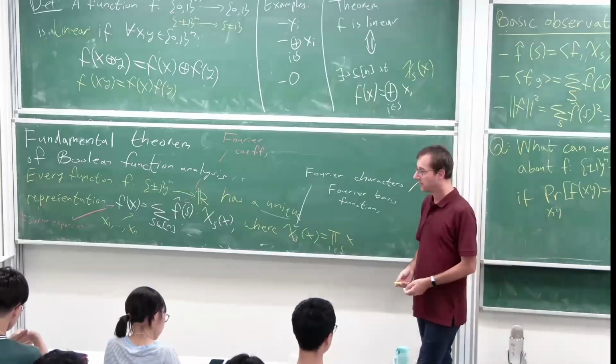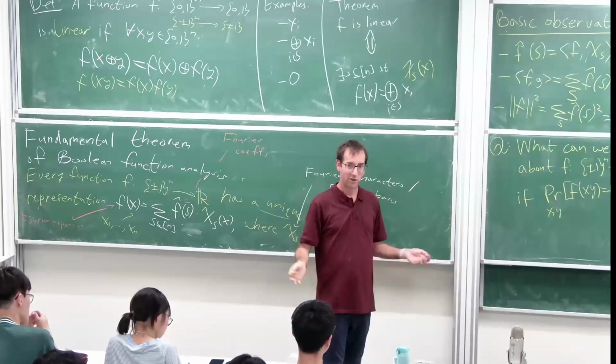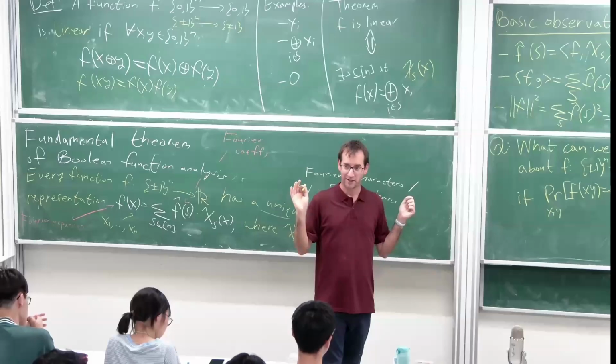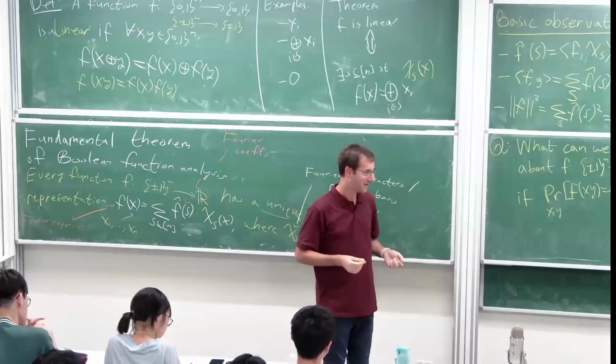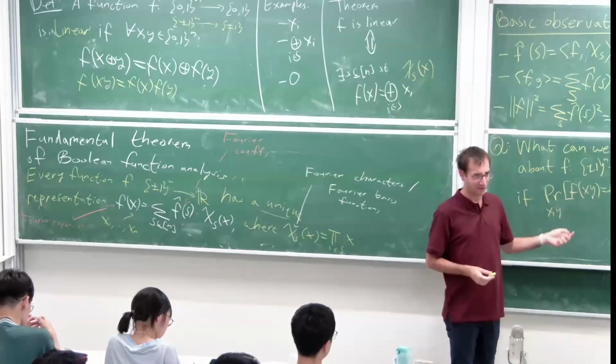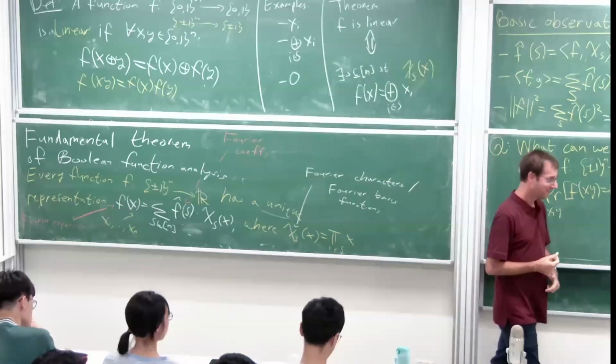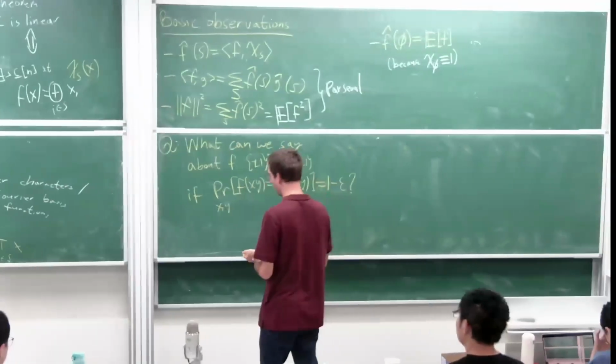Now let's say that I took a linear function and changed epsilon over 3 fraction of the entries. Then this will still hold. And I think you can improve this epsilon over 3 to something slightly higher.